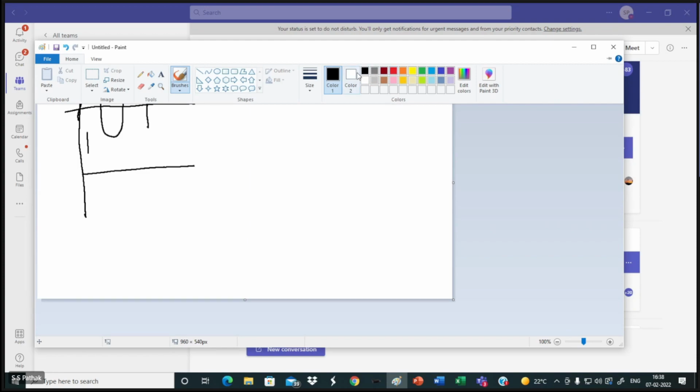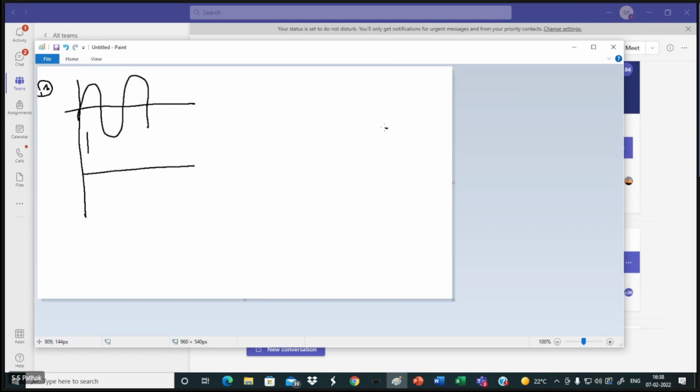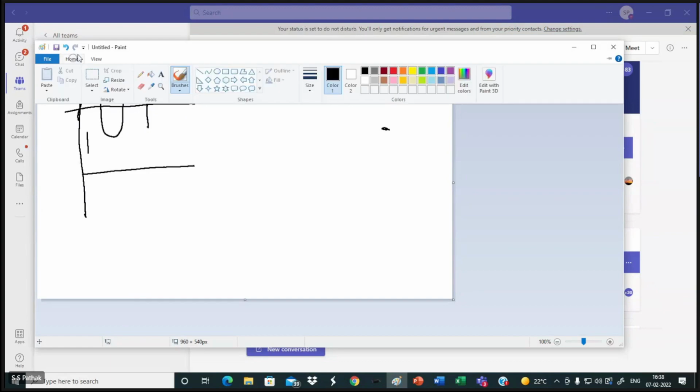Color 2, I think it is red. Add group to quick access toolbar. It is not taking. Why? Color 2 I have to choose from here. What happened?